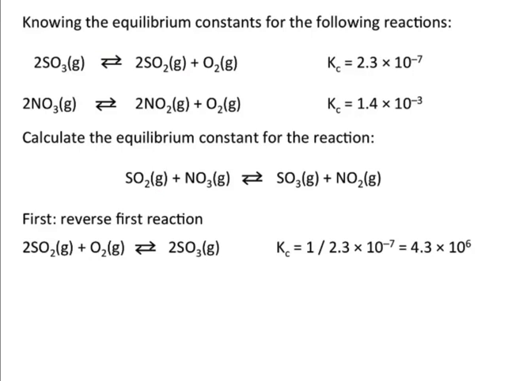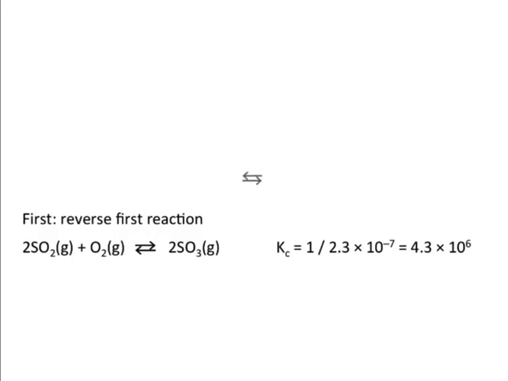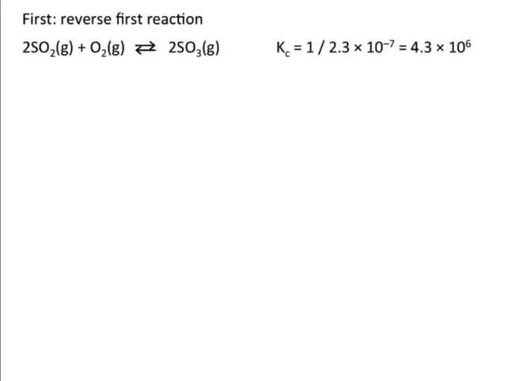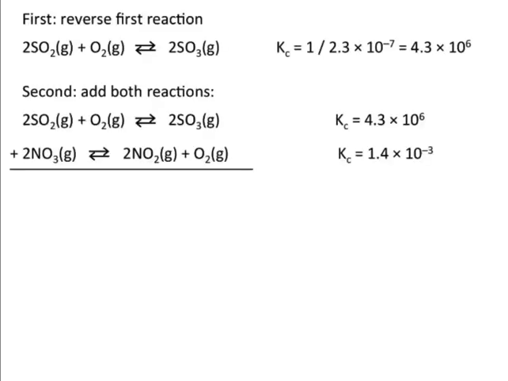Okay, now when we reverse this first reaction, remember we need to take the inverse of the equilibrium constant. So we do that and get our new equilibrium constant for this first reaction. All right, now let me scoot this up. You can do this two ways with this particular problem. One, you could multiply both reactions by 1/2 and then add them together.